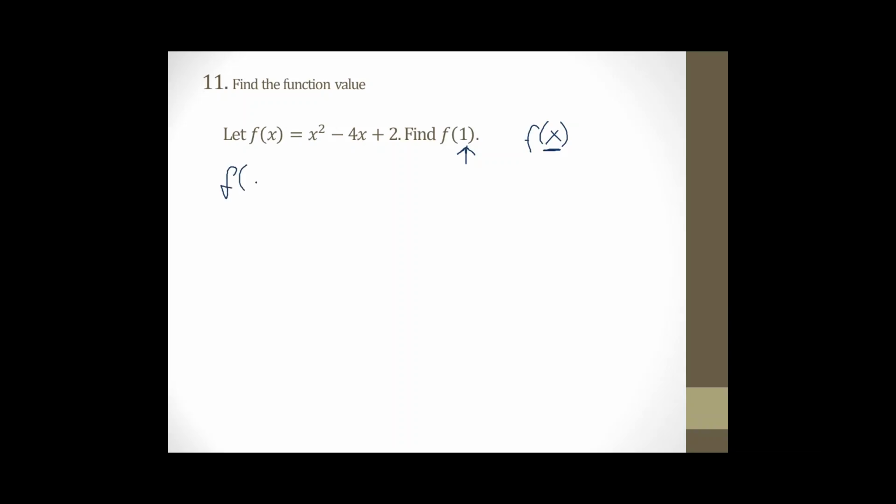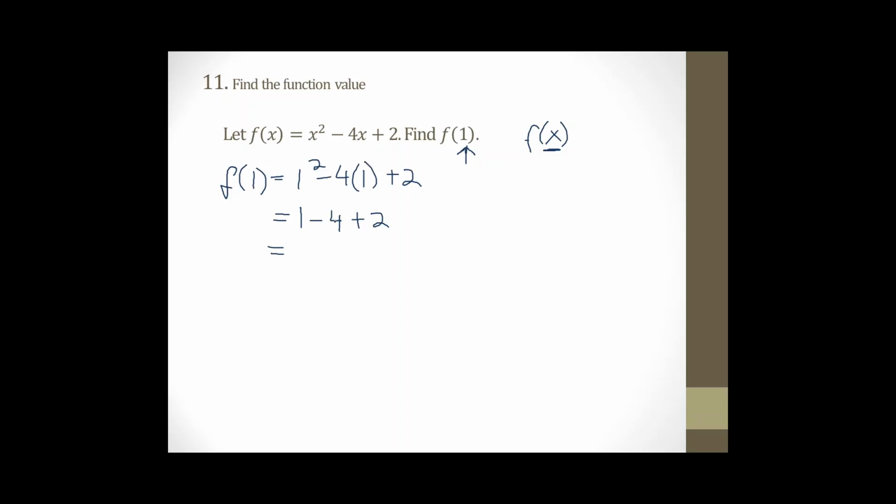So let's plug in a 1 for every x we see. So 1 squared minus 4 times 1 plus 2, and then let's solve the right side of this function. So 1 times 1 is just 1, negative 4 times 1 is negative 4, and then plus 2. Let's continue down.